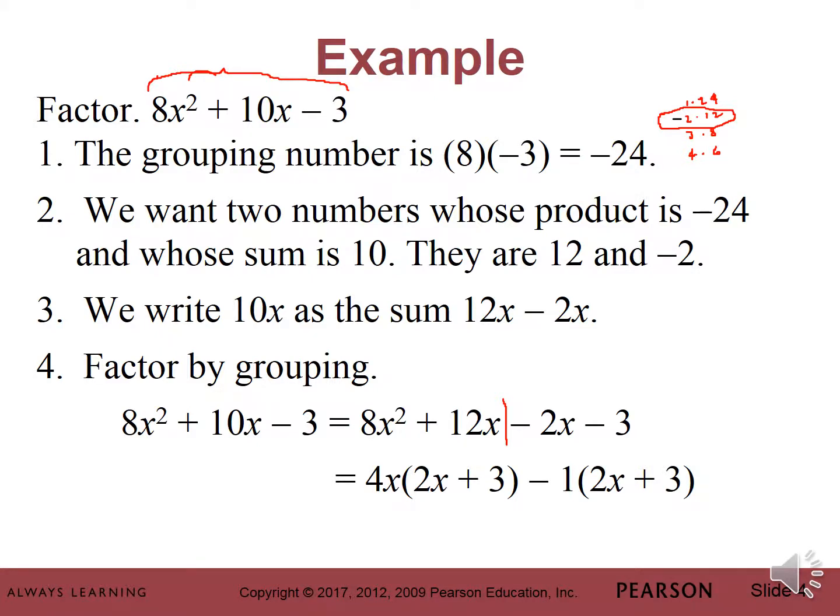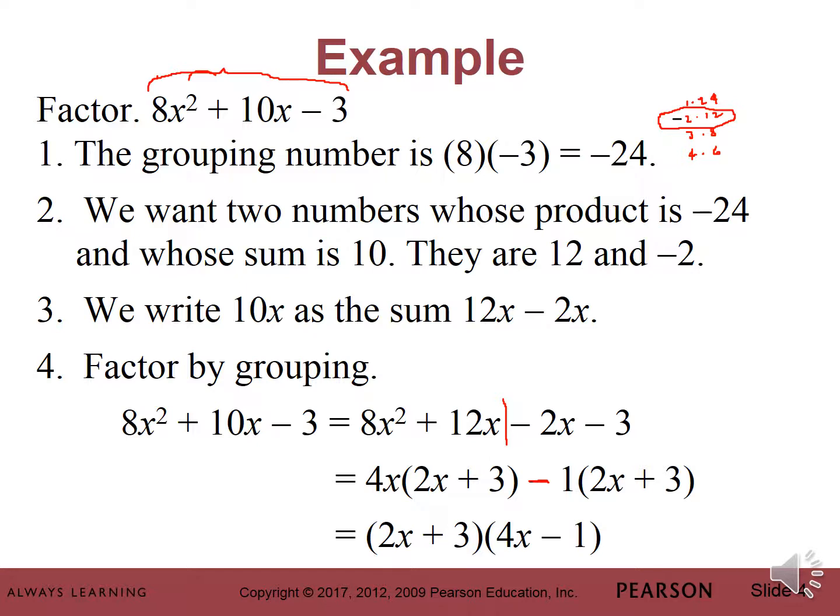Factor pairs of terms, first pair, second pair. Looks like there's a common factor there of 4x. And when we factor out a 4x, we're left with 2x plus 3. And, well, if we factor out a negative 1, we get that same 2x plus 3.